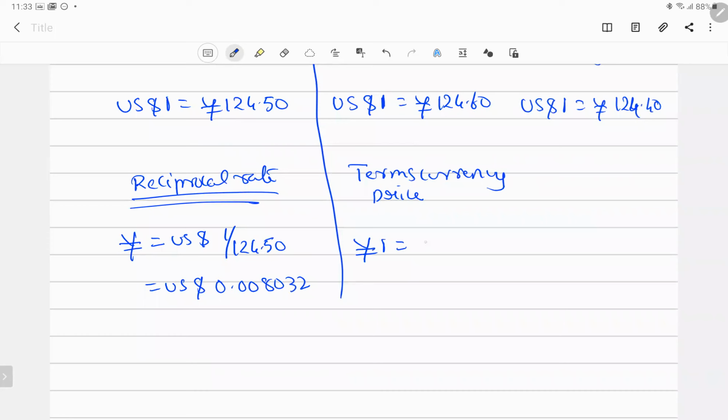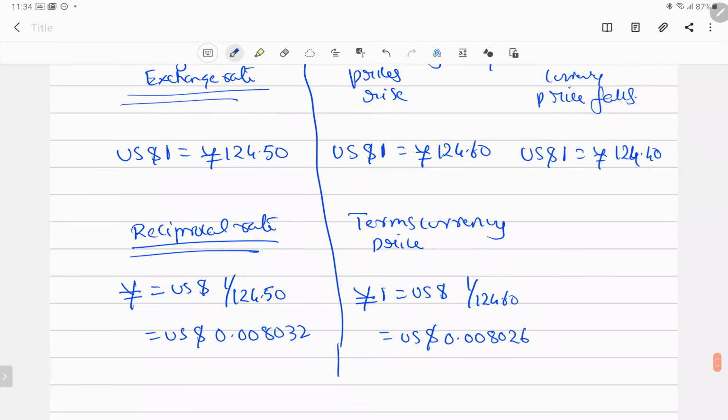US dollar 1 divided by 124.60. How much are we getting? 0.008026. Getting it?